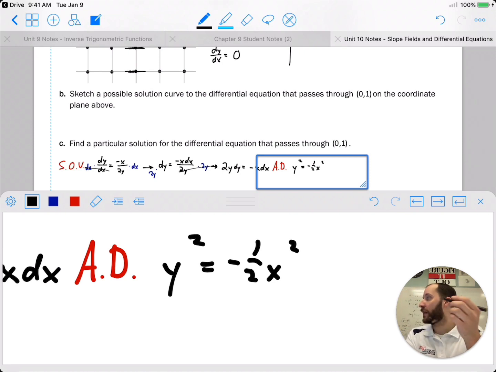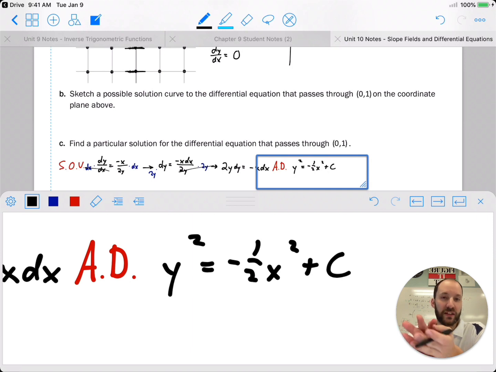And don't forget, you need plus c. Indefinite integrals, you need the plus c. You could do plus c with the y also, but then you combine these c's, you just have the 1c with the x. So I'm going to skip that step.